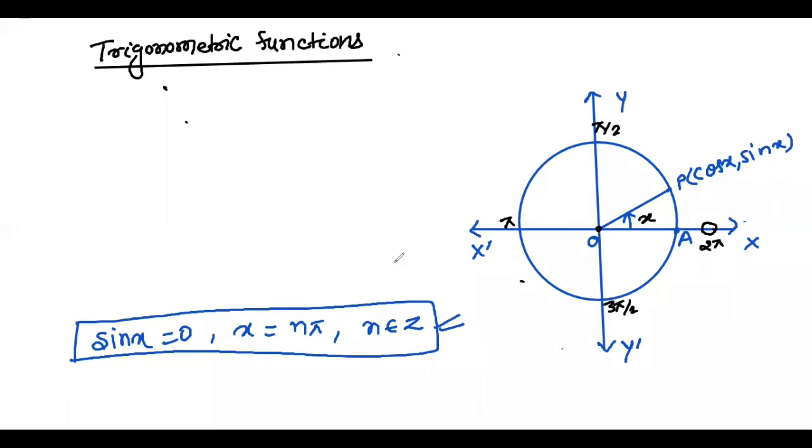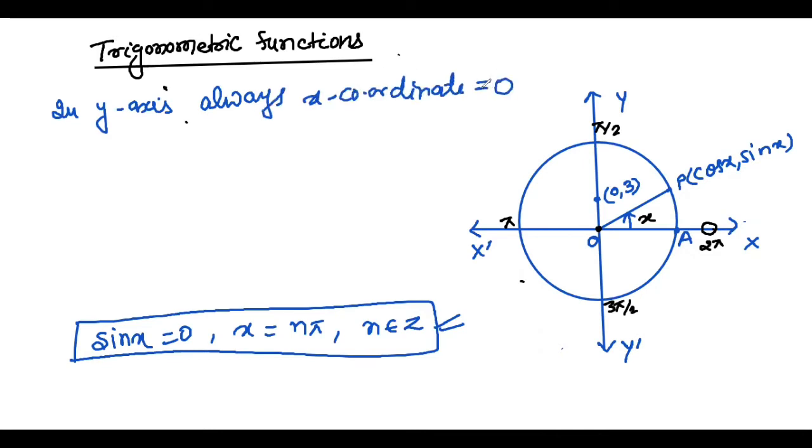Now for cos x, we will discuss. We know that on the y-axis, the x coordinate, meaning abscissa, will always be 0. If I'm taking a point here on the y-axis, say (0, 3), then on the y-axis the x coordinate is always 0. According to that, the x coordinate is cos x.